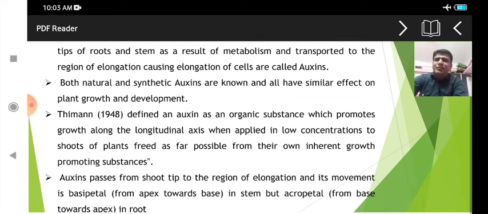Auxin passes from the shoot tip to the region of elongation. When growth happens, there are initiation, elongation and differentiation.